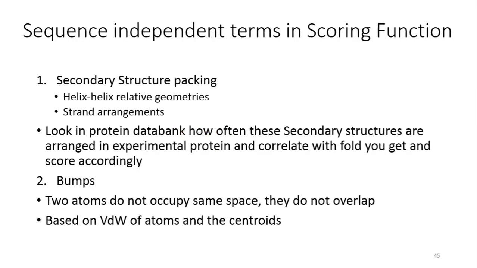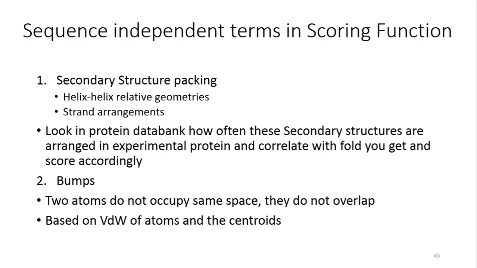So, along with sequence dependent terms, Simons and Baker also used some sequence independent terms like secondary structure packing, bumps, and compactness. Here they look in the Protein Data Bank at how often these secondary structures are arranged in experimental proteins, correlate that with the fold you get, and score your folds accordingly.